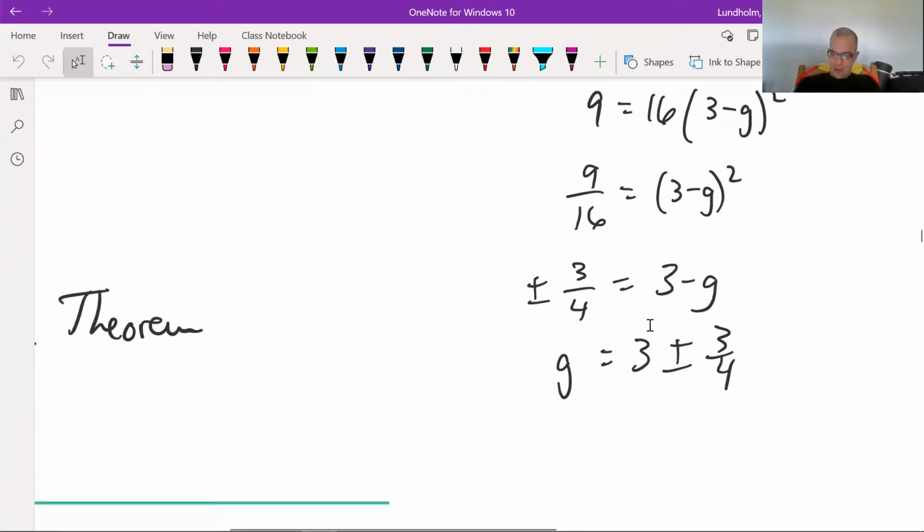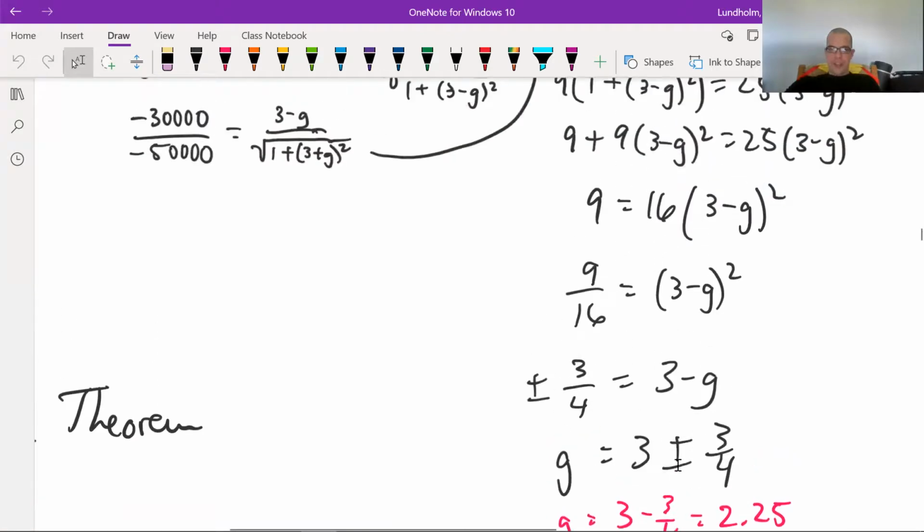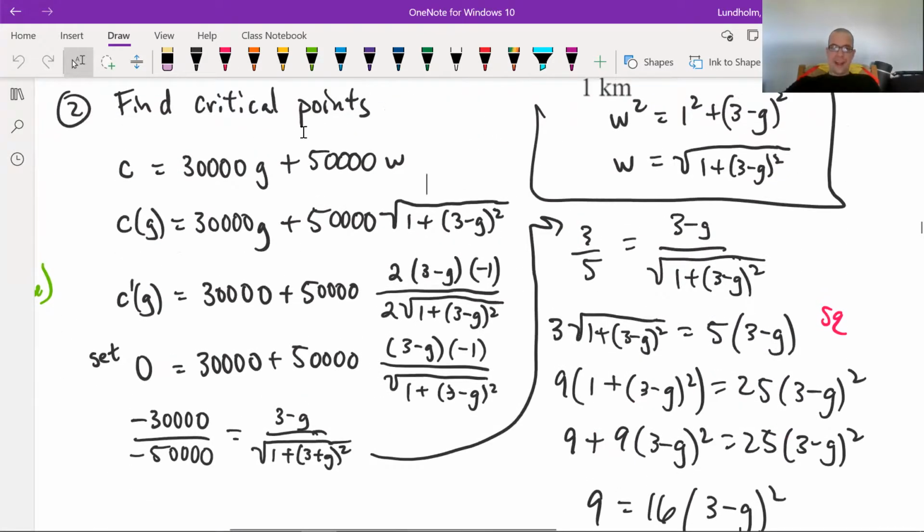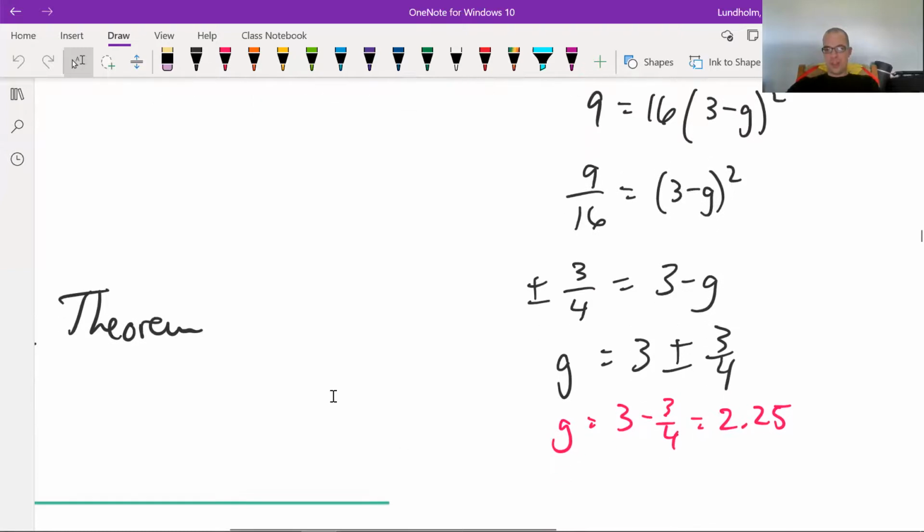But we're really going to be focusing in on the one where g is 3 minus 3/4. So it'll be 2.25. We found our g value that we could now put into our cost function and get the cost at this new critical point.